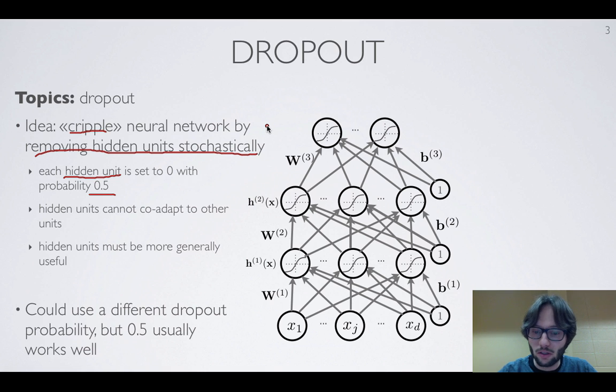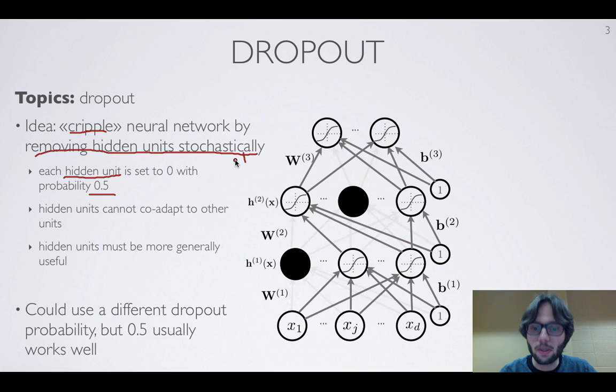One result of this sampling procedure could be that we would be setting this one to 0 at the first layer and this one to 0 at the second layer, which means that we would be computing with a subset of hidden units, and the connections really used during forward propagation would correspond to those that do not go into or out of the masked or dropped out hidden units.